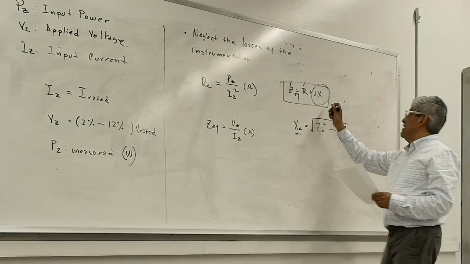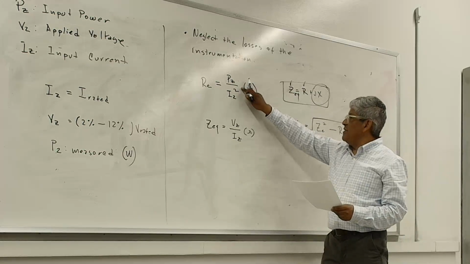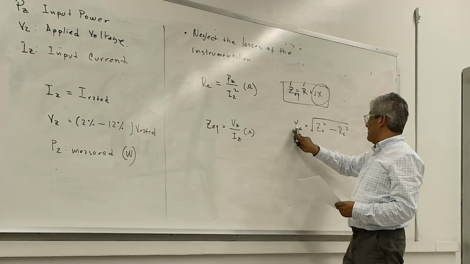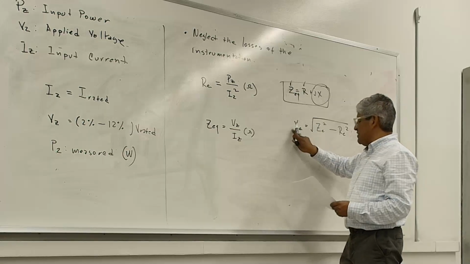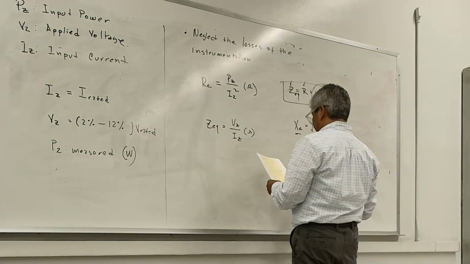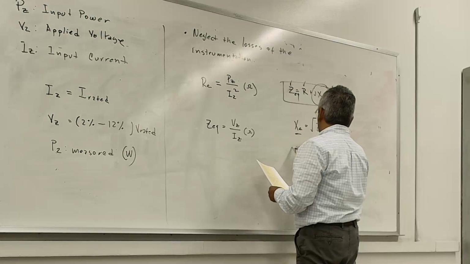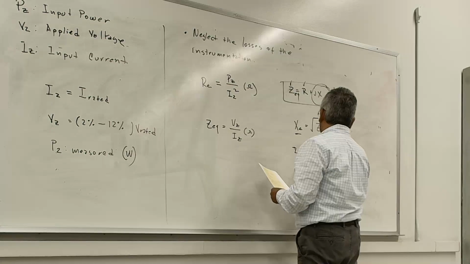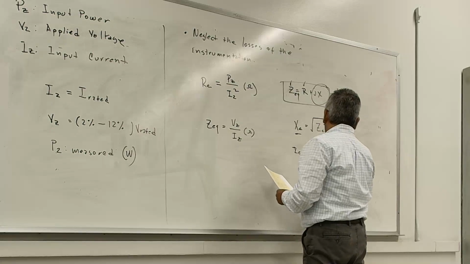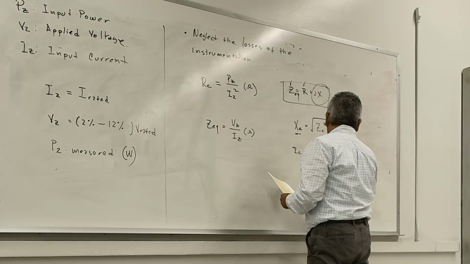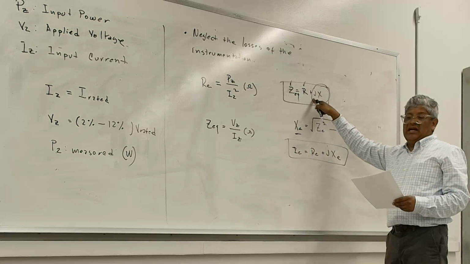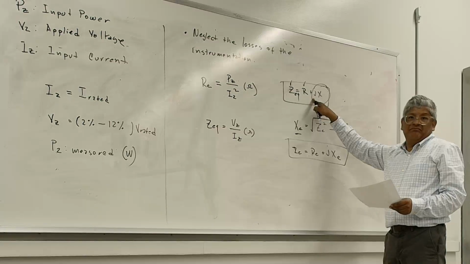So I can use this value that I measured, this value that I measured, to compute this value. So basically what I have is ZE, which is equal to RE plus JXE. Okay, so all I do is I add the imaginary, right?